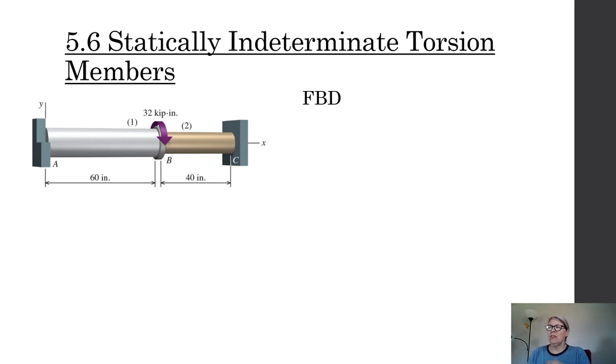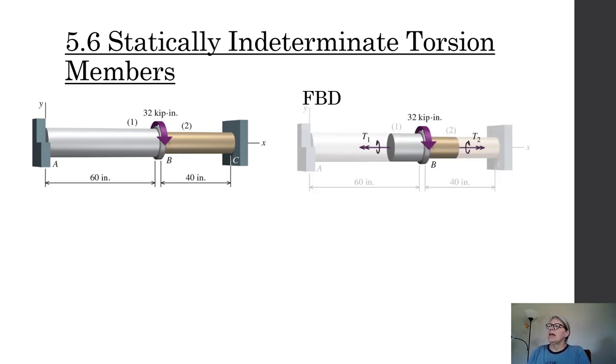If we look at this system right here, we have an applied torque and a material 1 and a material 2, and they have different material properties. They might even have different geometries. Maybe one is hollow, one is solid. If we set up our equilibrium, we find that the reaction at 1 and the reaction at 2 have to equal the 32 kip inches.